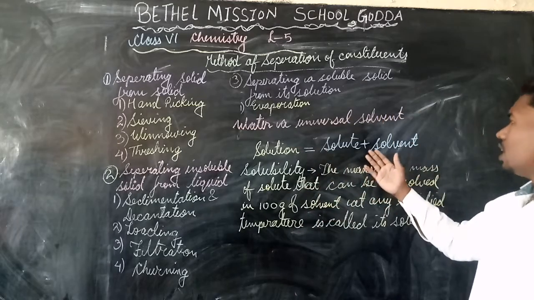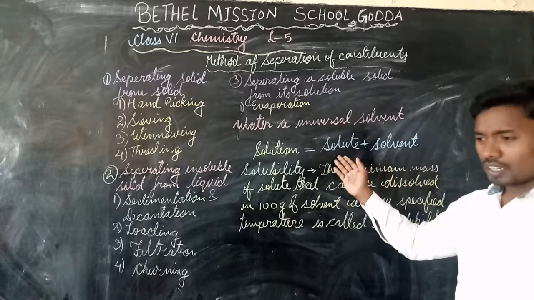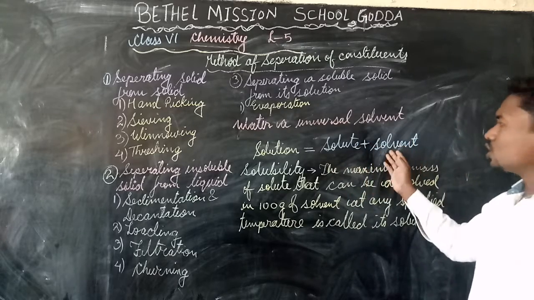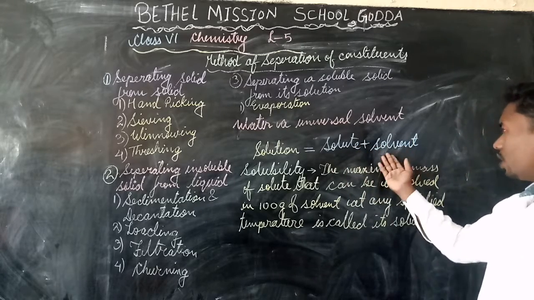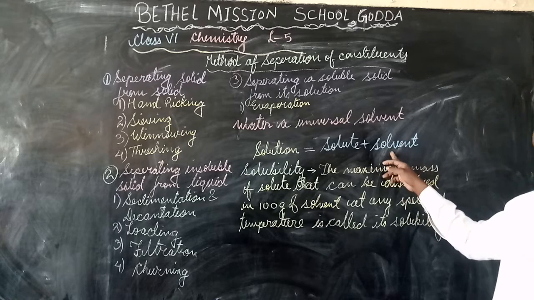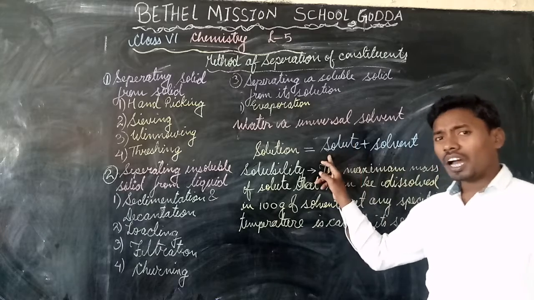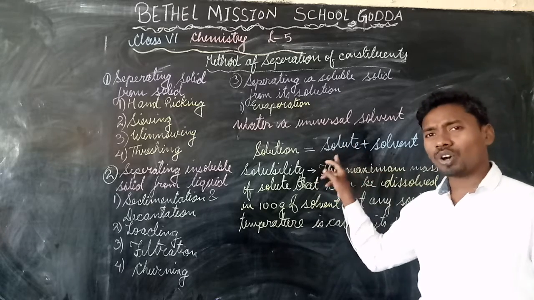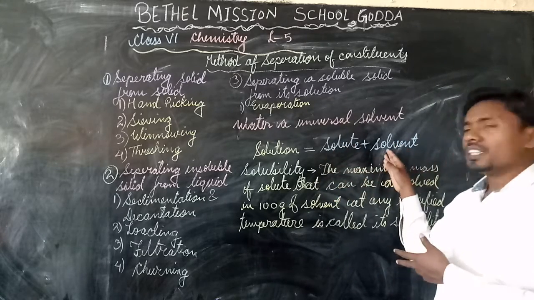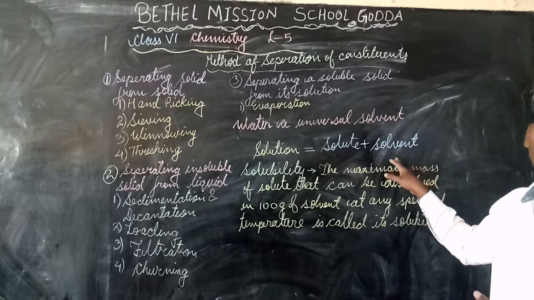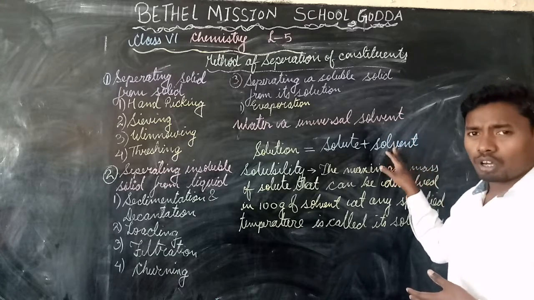Now when we are talking about water, there is a mixture of a liquid and a solid. The liquid which dissolves the solid is called the solvent. Solvent is the liquid which is going to dissolve the solid, and solute is the solid which is going to be dissolved in the solvent.